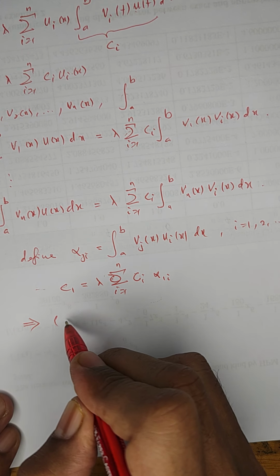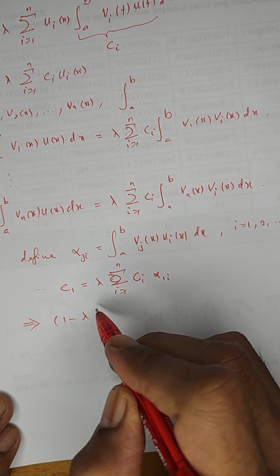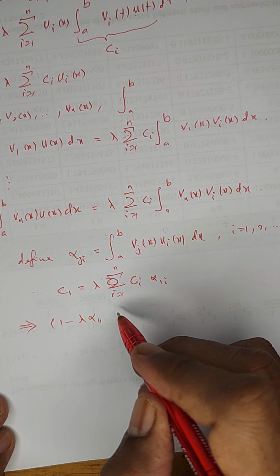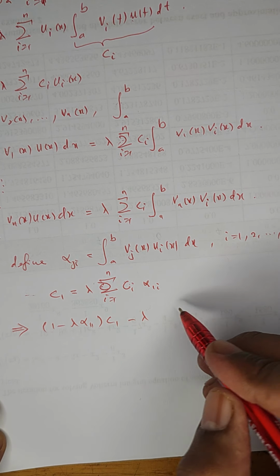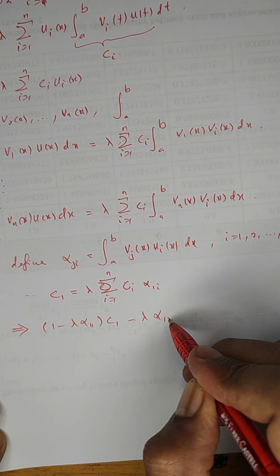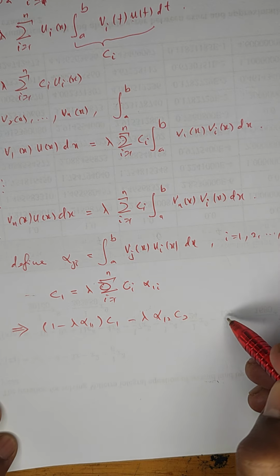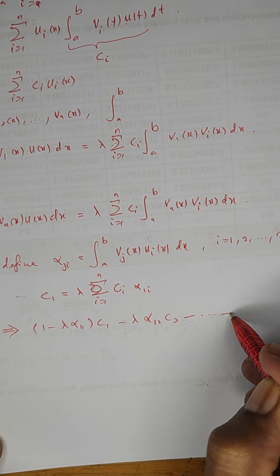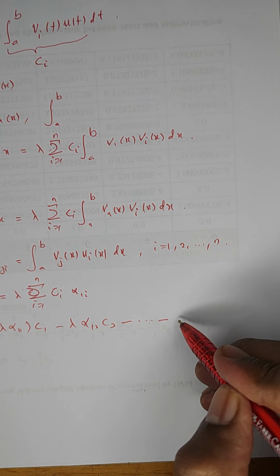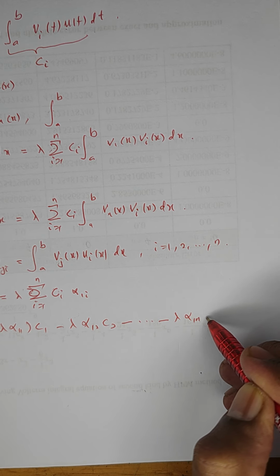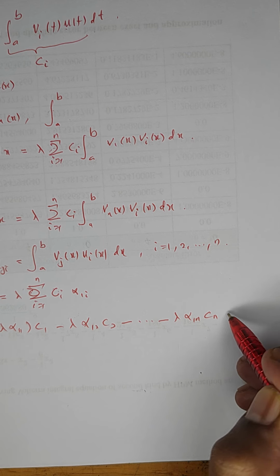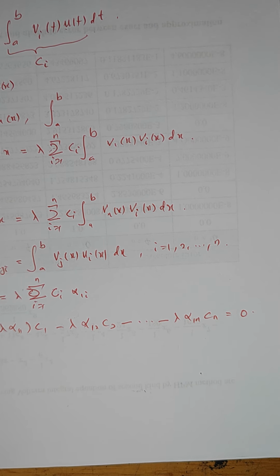So we have (1 minus lambda alpha 11) C1 minus lambda alpha 12 C2 and so on. So we have minus lambda alpha 1n Cn equal to 0.